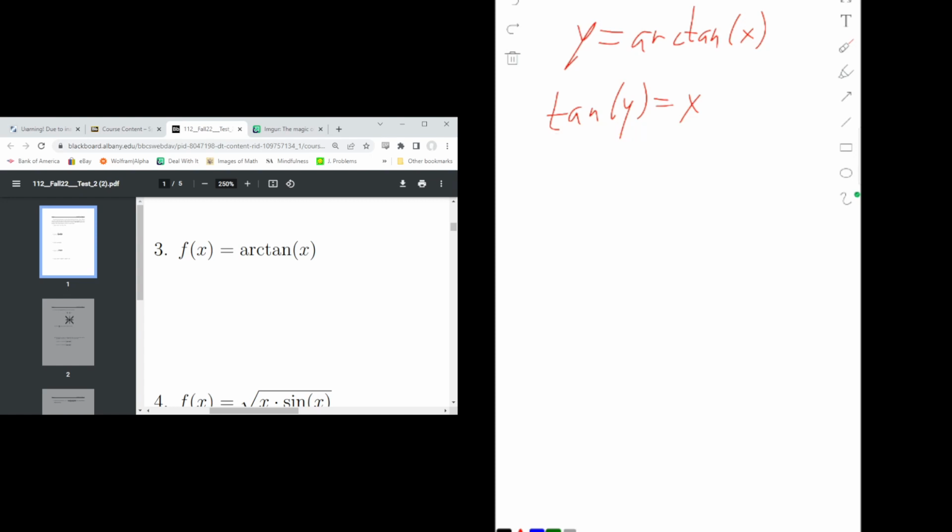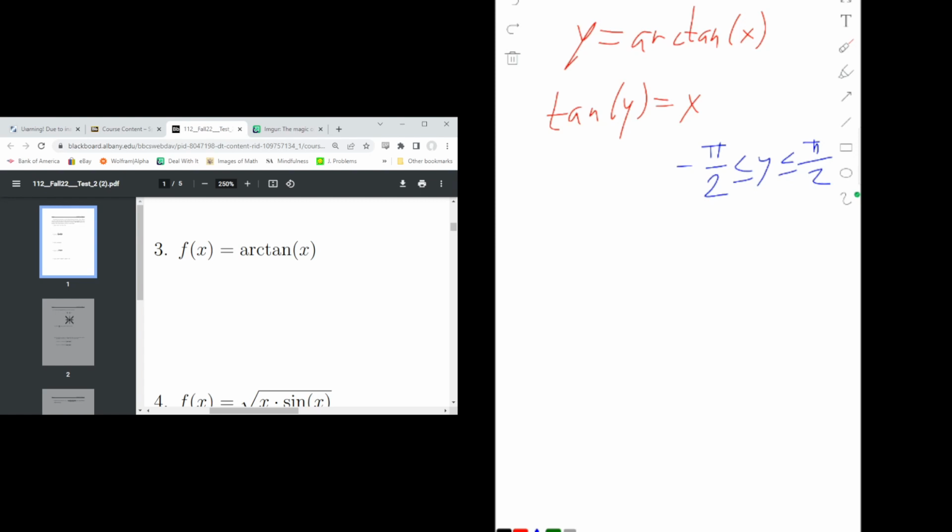The principal domain of tangent is the same as the principal domain of sine. It is that y is between negative pi over 2 and pi over 2. Over that entire interval, tangent hits every possible value it could attain, and it does so exactly once, thereby becoming an invertible function.